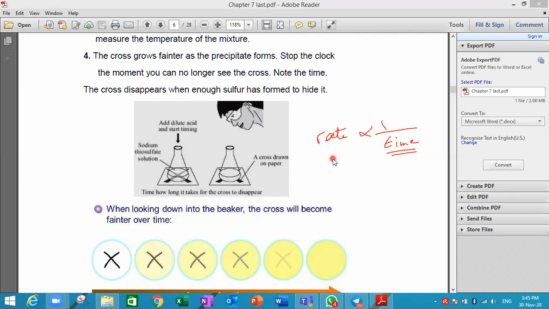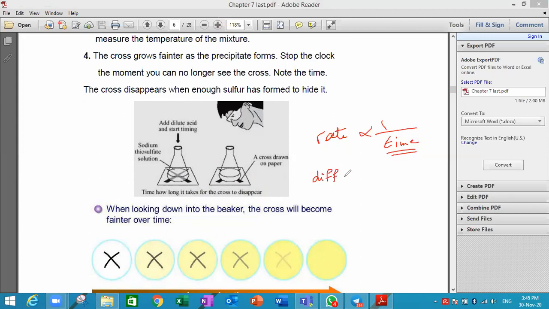So we started with a certain concentration of acid. If we want to study the effect of the concentration of the hydrochloric acid on the rate of such a reaction, then we can repeat the experiment using different concentrations of hydrochloric acid.